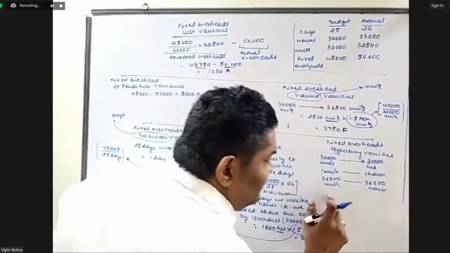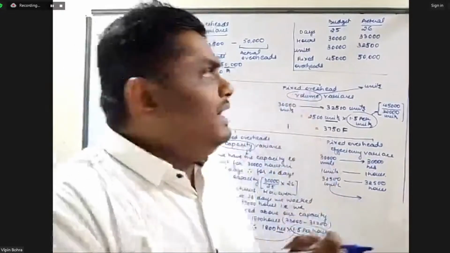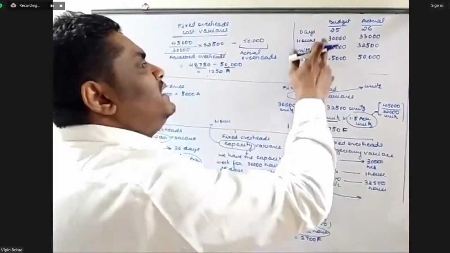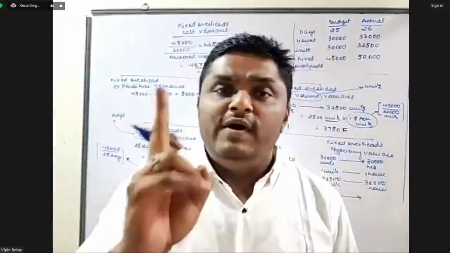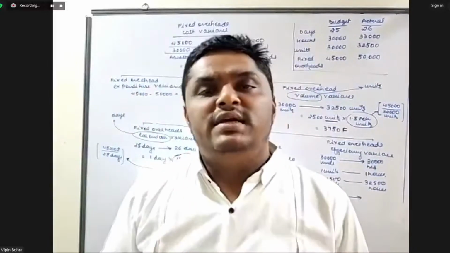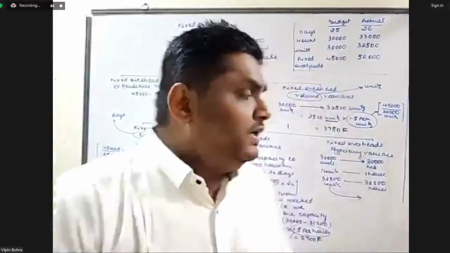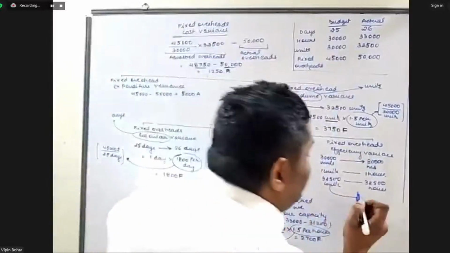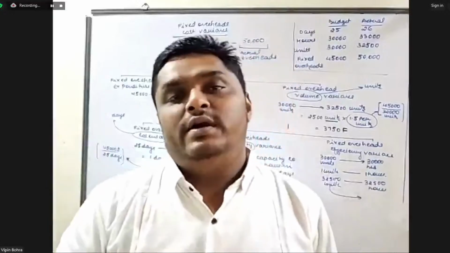But again, very important, guys, as per the target set, 30,000 units should be manufactured in 30,000 hours. It means one unit should take not more than 1 hour. एक unit 1 घंटे में बन जाना चाहिए था. However, we manufactured 32,500 units. So these 32,500 units should be manufactured in 32,500 hours.